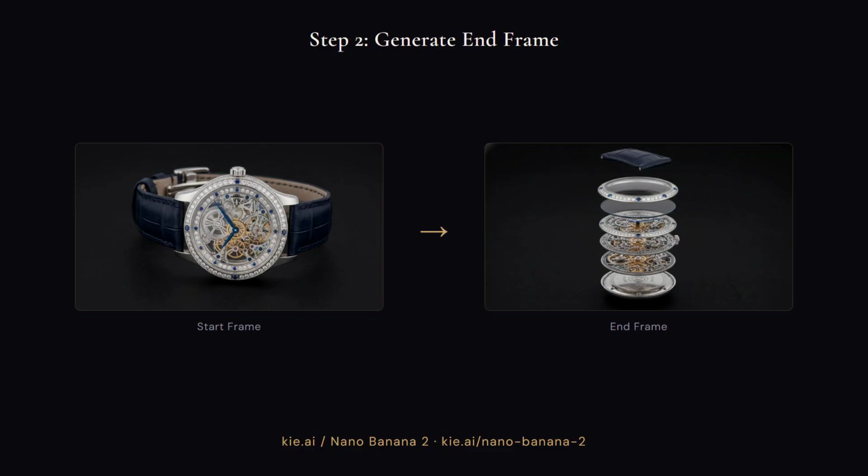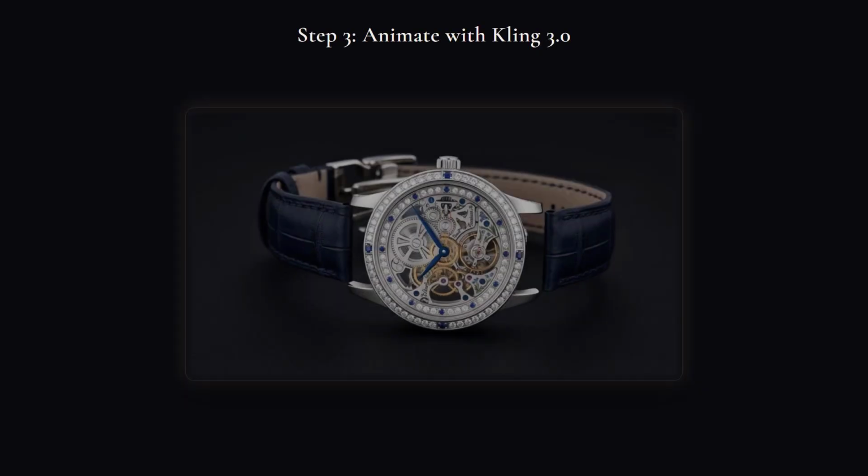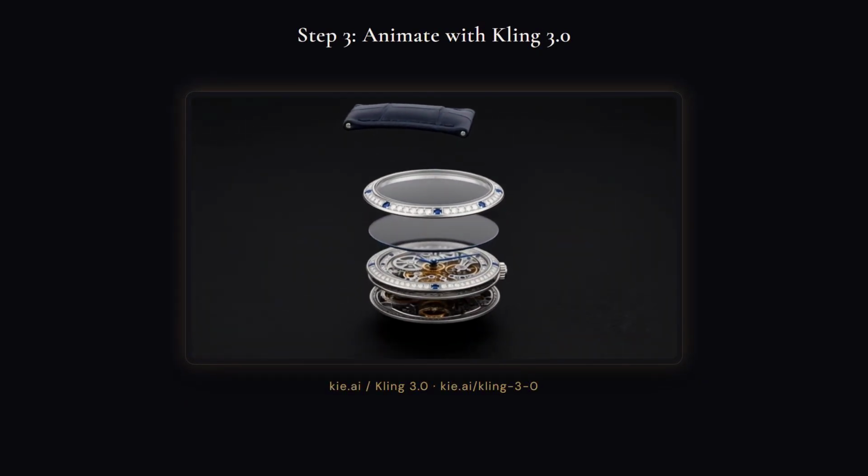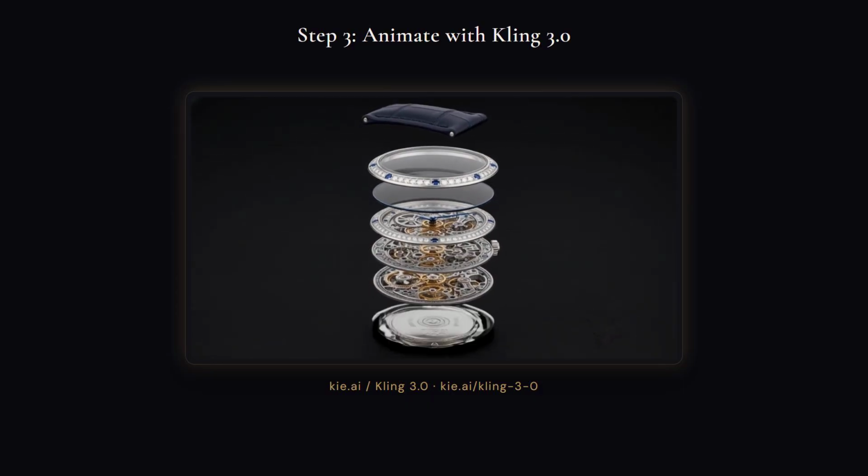So now I've got two images, the closed watch and the exploded watch. These two frames are the entire foundation of the scroll animation. Start frame, end frame, everything in between gets generated next. Same platform, KI, but now I switched to Kling 3.0. It's a video generator. The concept is simple.